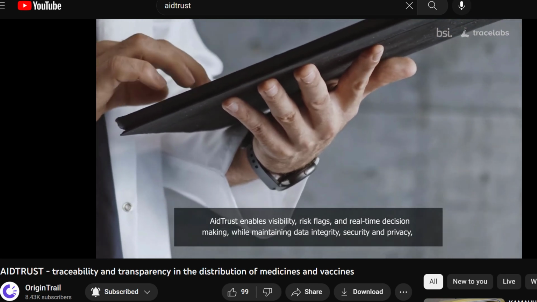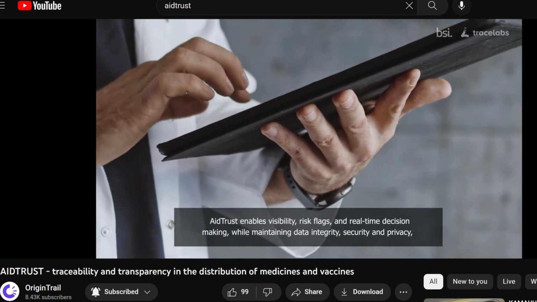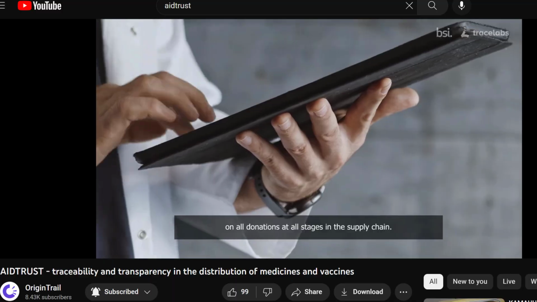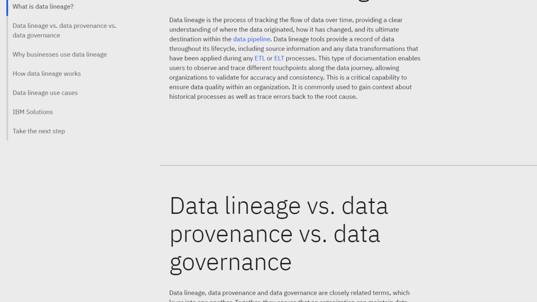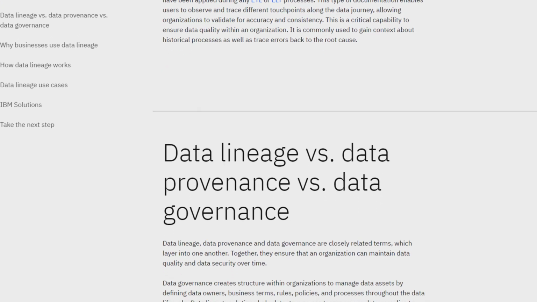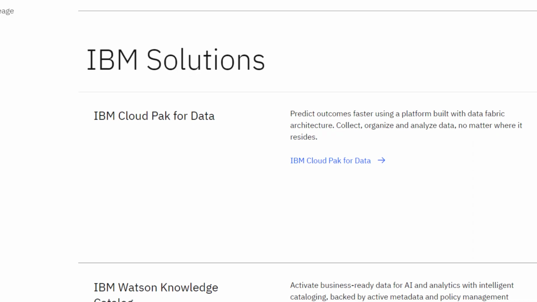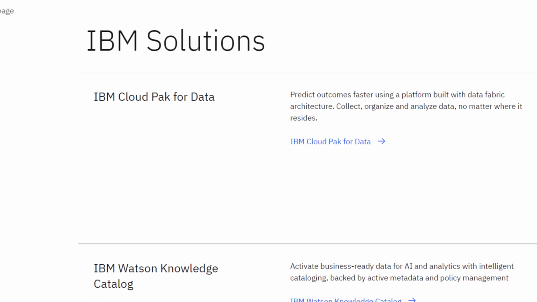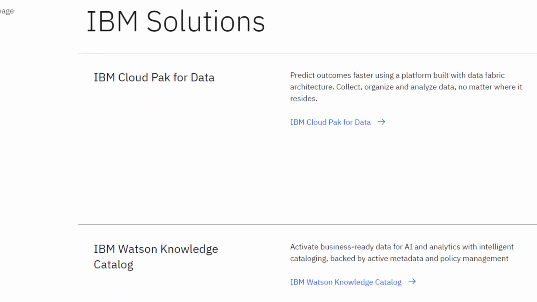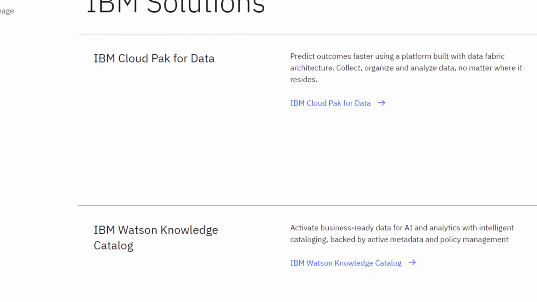So, we understand data lineage, but what does this mean for knowledge graph technology? Well, there are many software solutions that facilitate data lineage. For example, even IBM has a few listed here. However, not all software is created equally.